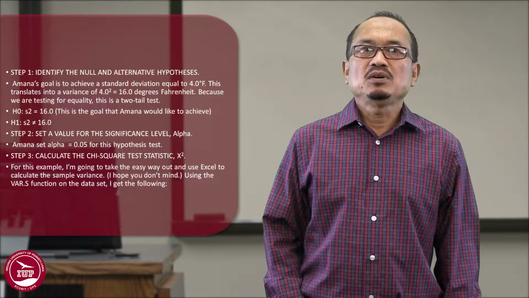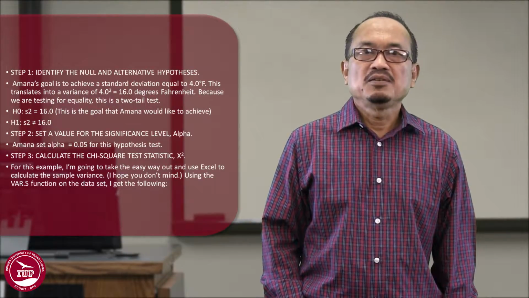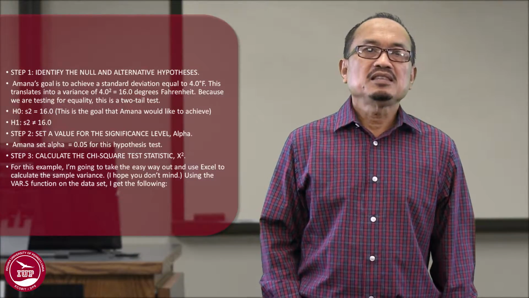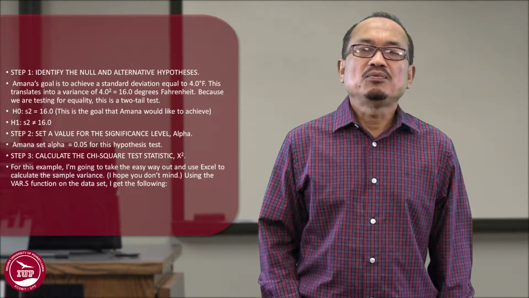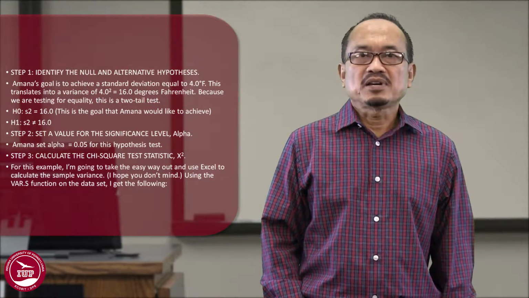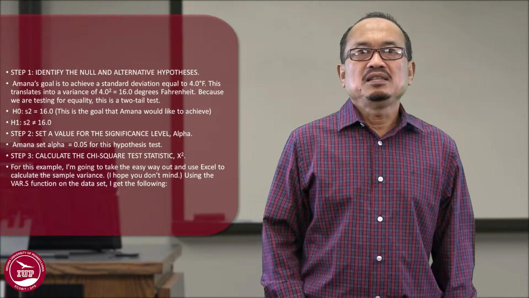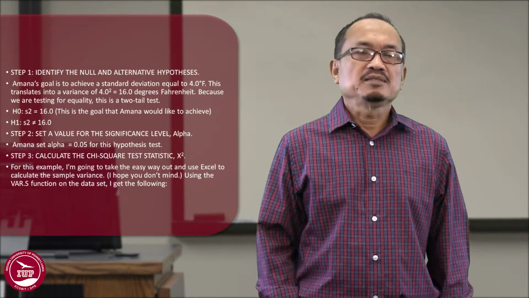Amana's goal is to achieve a standard deviation equal to 4 degrees Fahrenheit. This translates into a variance of 4 squared, equal to 16 degrees Fahrenheit squared. Because we are testing for equality, this is a two-tailed test.